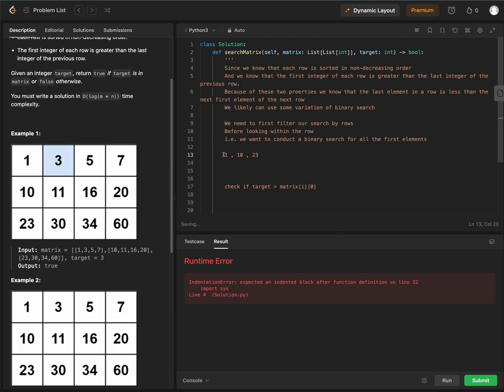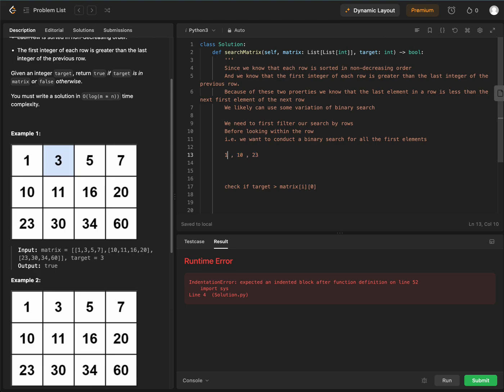And if we're looking for 9, we can cut the search space, eliminating all elements that are greater than 9. 9 can only be here, because the elements are sorted in non-decreasing order.